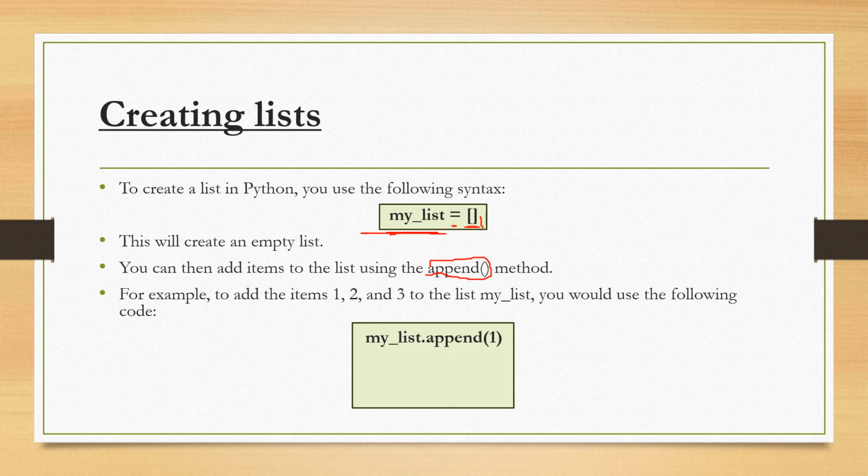First of all, we give the name of our list, so my_list is the name of my list, then the dot operator, and after that we use this append method, and in the brackets we provide one value, so it will add 1 to our list. This is the simple method, and we can add as many values or elements as possible to our list. So my_list.append(2), my_list.append(3). Likewise, we can add as many elements as we want to our list.